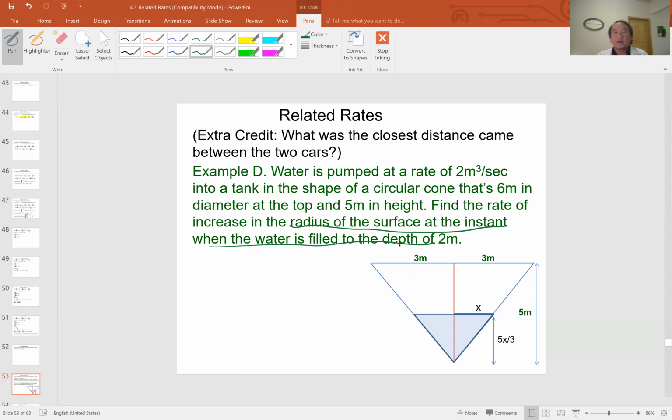So we have a cone-shaped water container, and we're given the dimensions of this cone, and they put water in there. We pour water at this rate. This is something which you should realize.